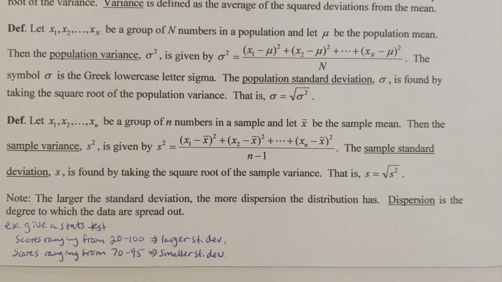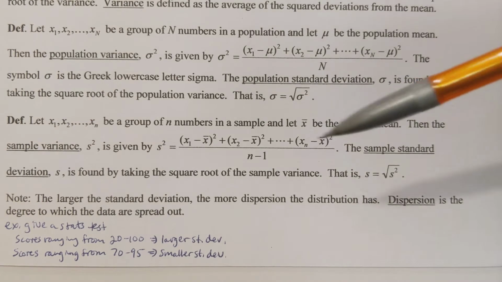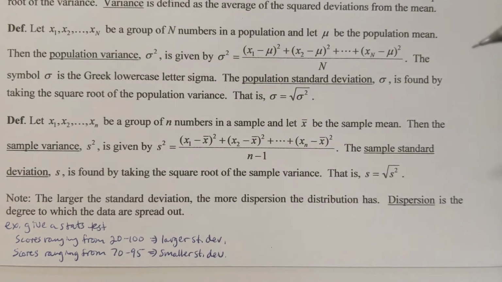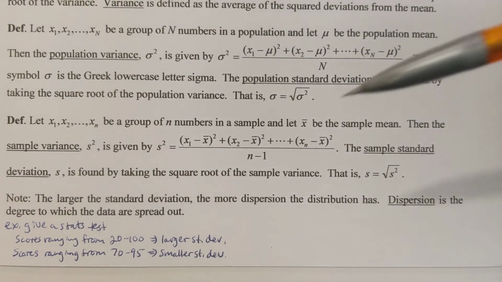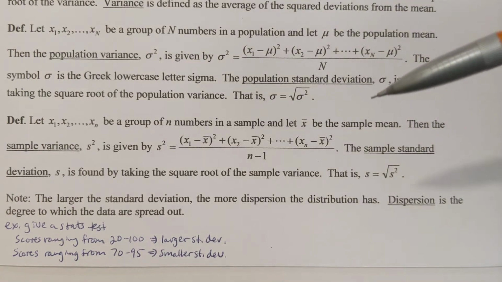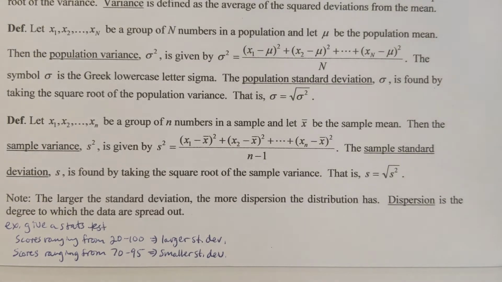And by the way, you only do that when you compute a variance, not when you compute the mean. So the mean is the mean, regardless of whether it's a population or a sample, you're still going to add up the numbers and divide by the total.